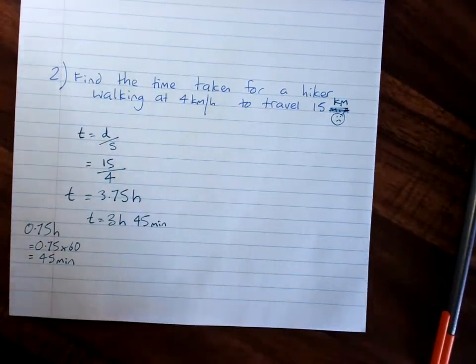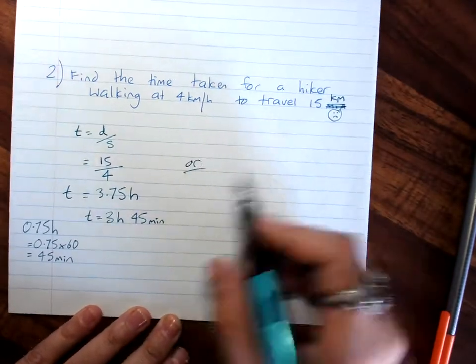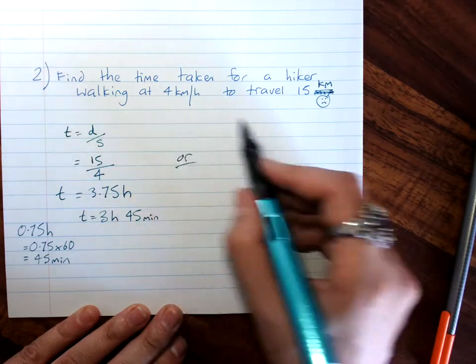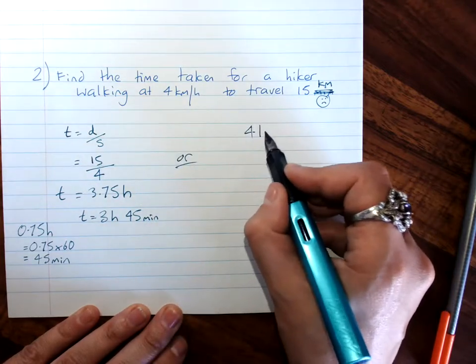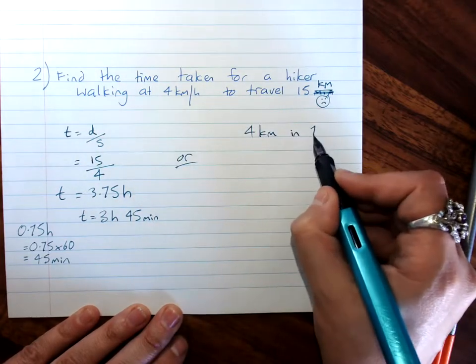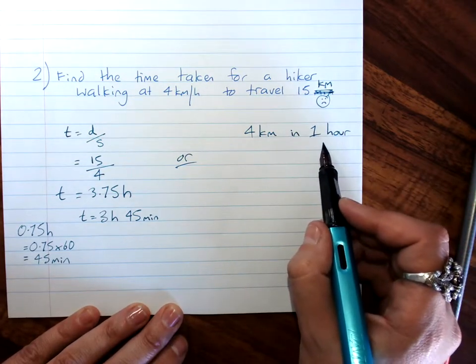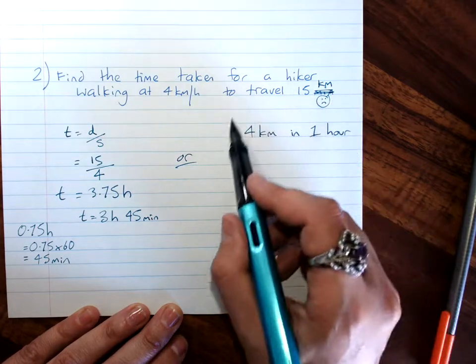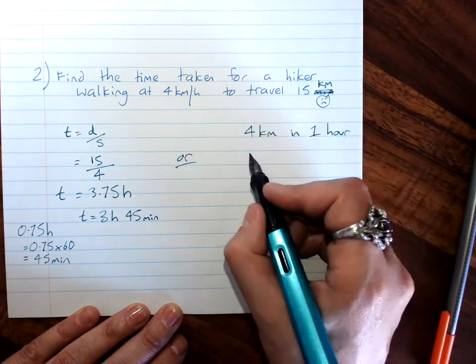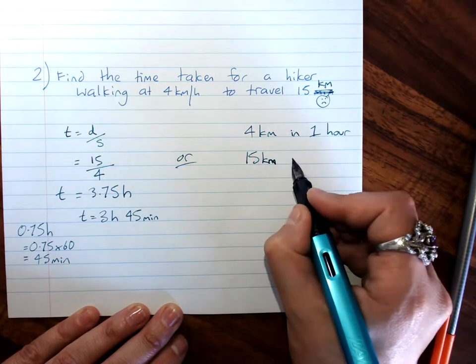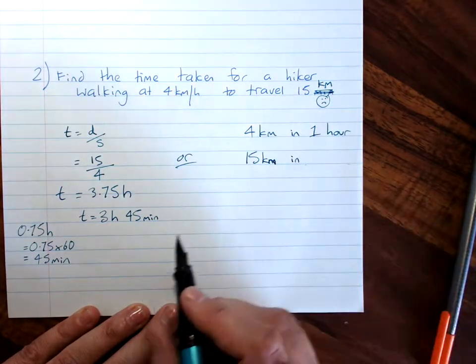Or of course, we can use our rates method. Write down our rate, 4 kilometers in 1 hour. Now, write in what we know. I know that's 15 kilometers in how many hours?